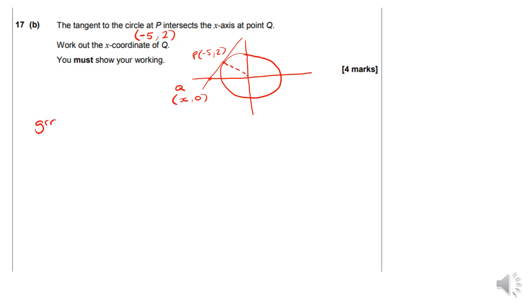So the gradient of the radius at P is equal to, going 5 across and 2 down, negative 2 over 5, which means the gradient of the tangent, because they meet at right angles, they're perpendicular, would be 5 over 2.